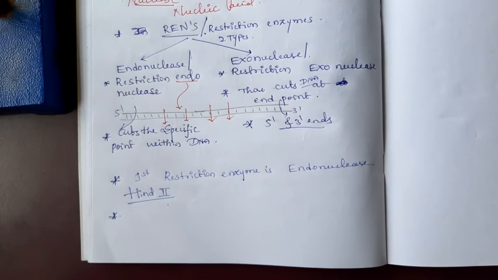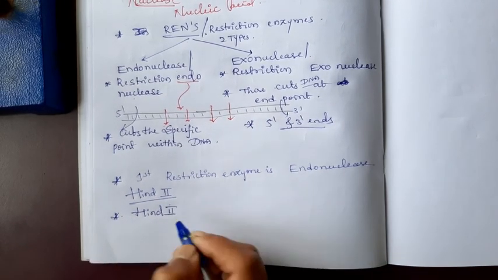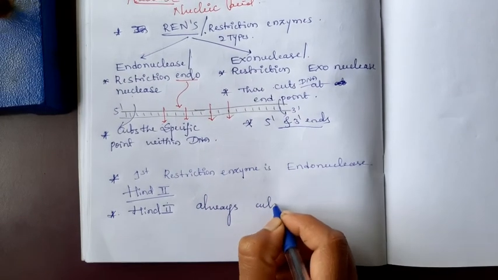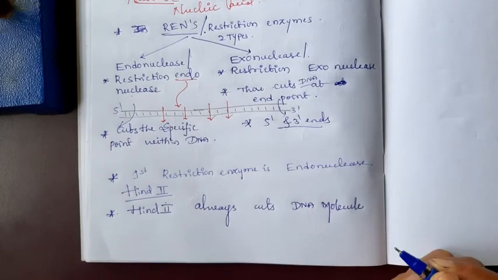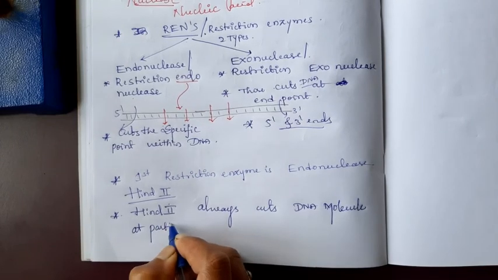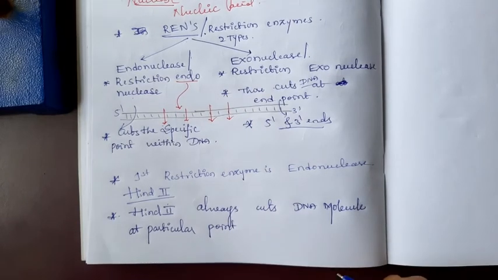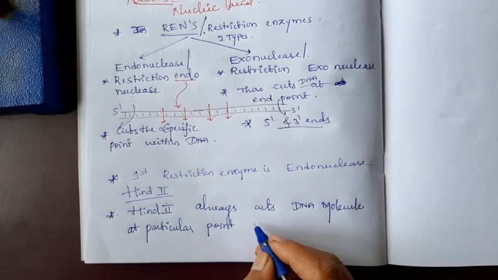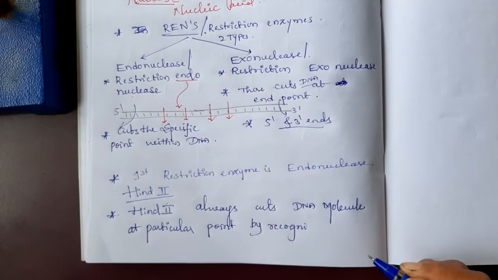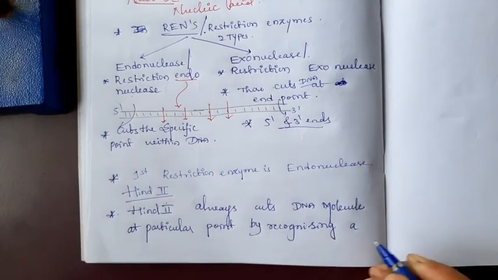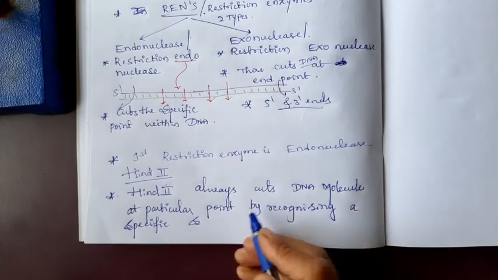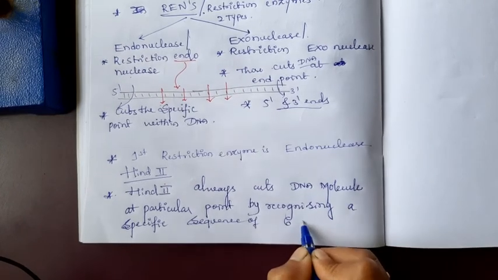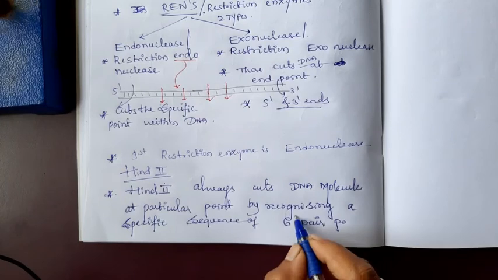It was found that Hind2 always cuts the DNA molecule at a particular point by recognizing a specific sequence of 6 base pairs.